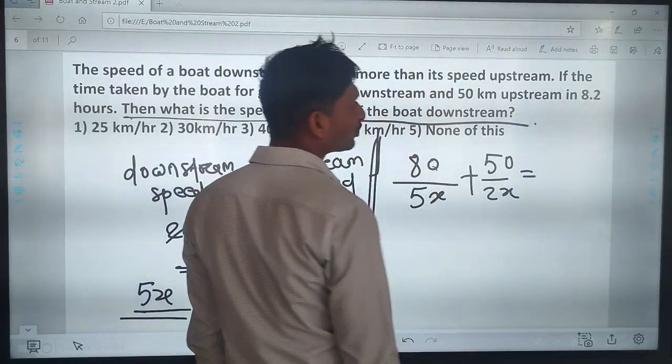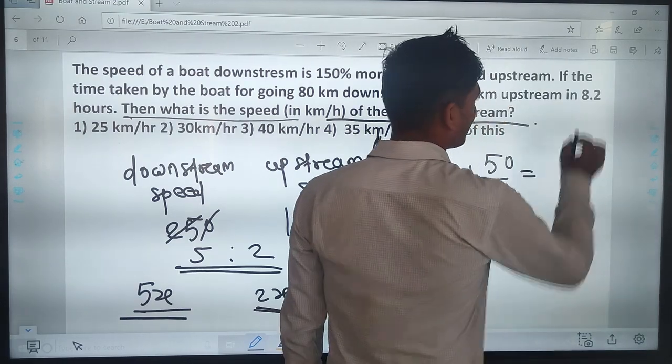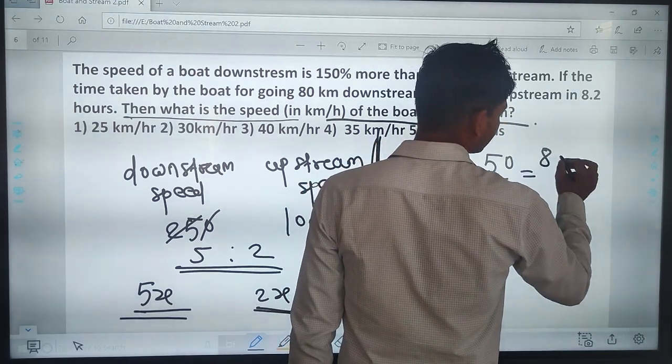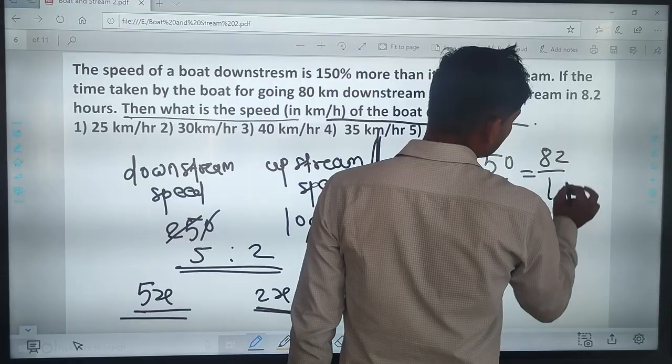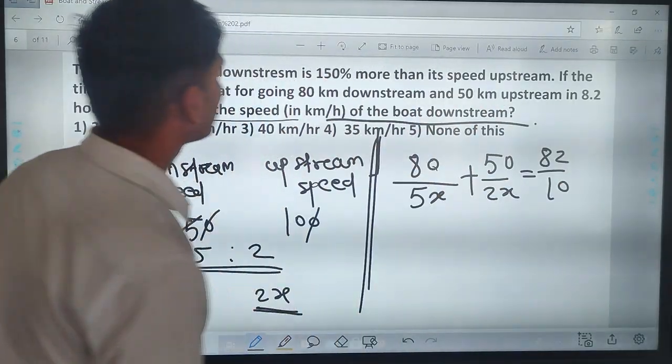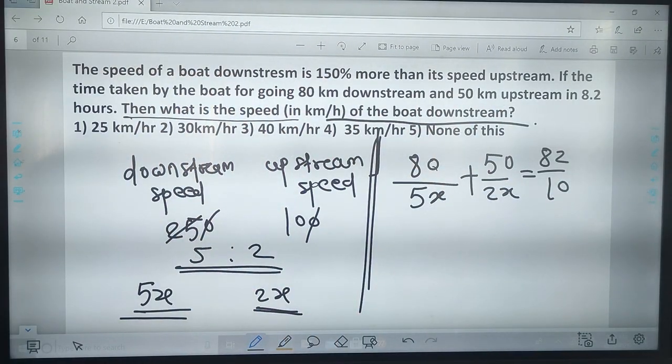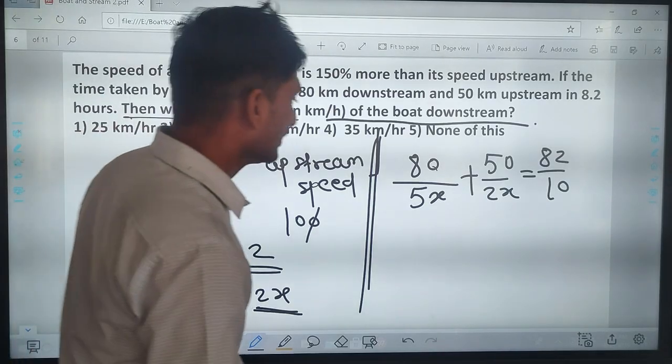The total time is 8.2 hours, which means 82 divided by 10.